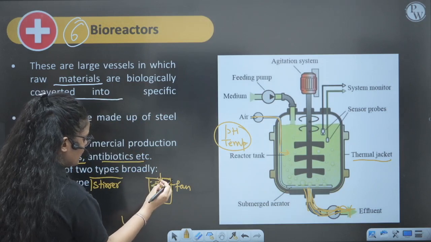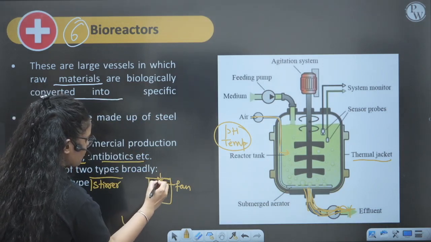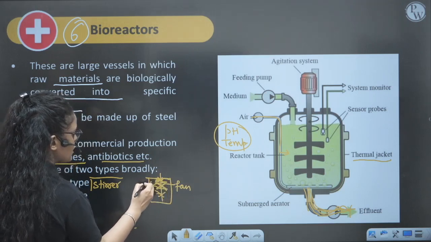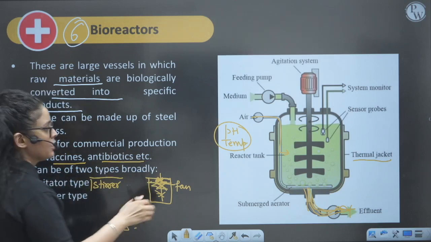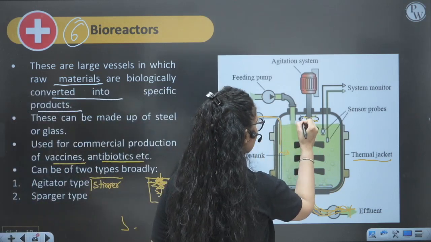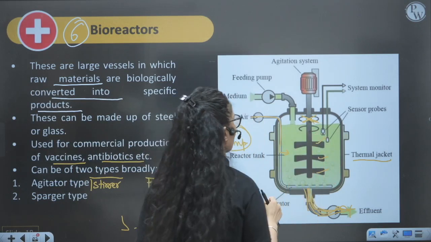Plus, for the foam that forms, we have the last agitator, which is not submerged in the medium. It is basically the foam breaker. So these agitators, the fans, mix everything properly.